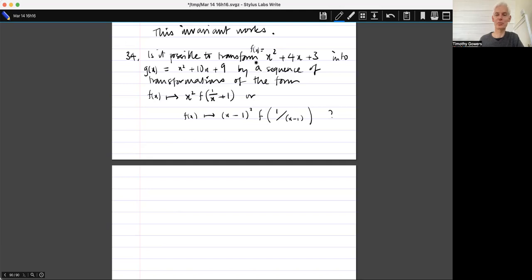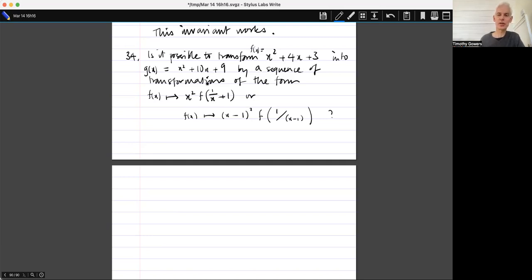Let's try applying these operations a few times and see what happens, because even applying it once seems to be really unpleasant. x squared times 1 over x squared plus 4x plus 3 plus 1. Even if I simplify that, I get some not very nice looking rational function. So I've got to do some thinking. What properties do I notice about these polynomials?